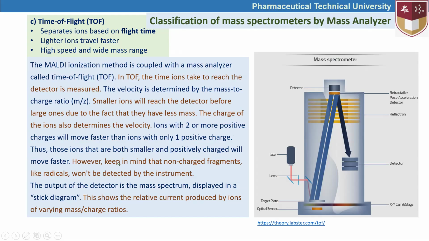Thus, those ions that are both smaller and positively charged will move faster.